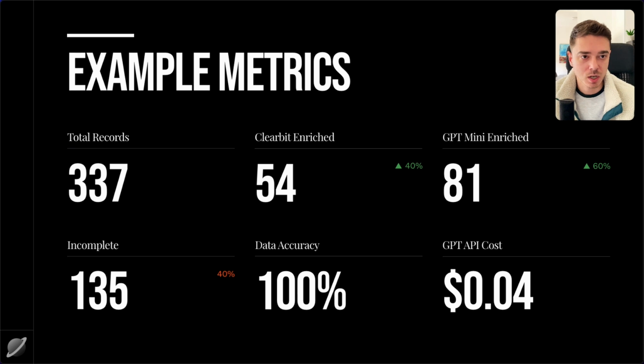I checked every single one of those 135 URLs, and every single one was the correct URL, which was the company's website. The last thing I put there was the API cost. For GPT API, it cost me $0.04. I just like to put that number there, hopefully it can encourage more and more people to start leveraging these tools because of how ridiculously cheap it is to actually run these APIs.